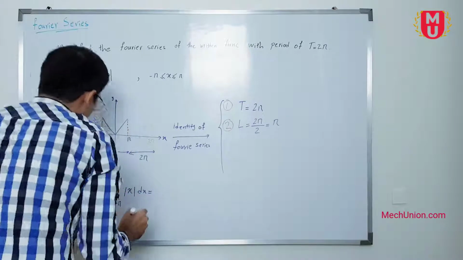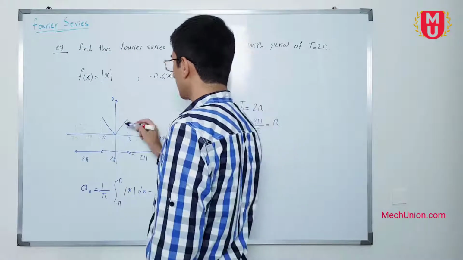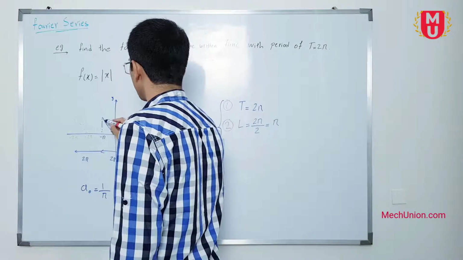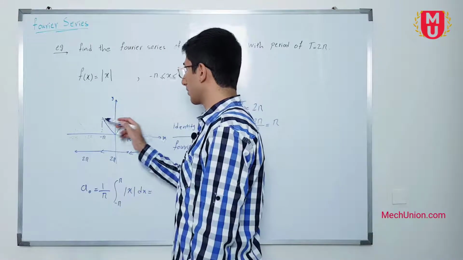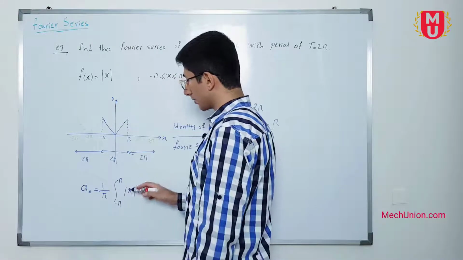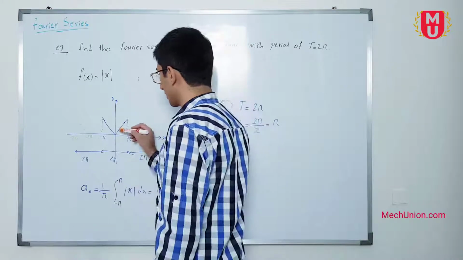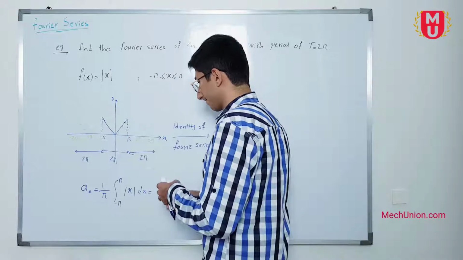Okay, as it is an even function, this point is symmetric to this point. As this is an even function, we can cancel out the absolute sign and consider 1/2 of the region. This is the 1/2 of region.